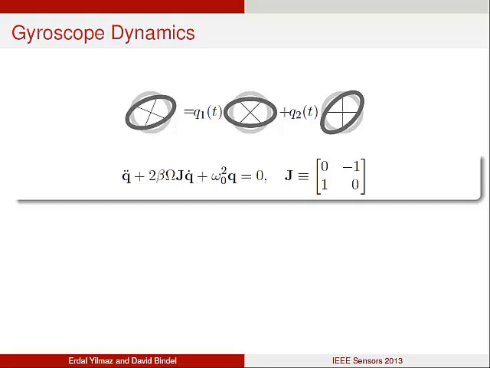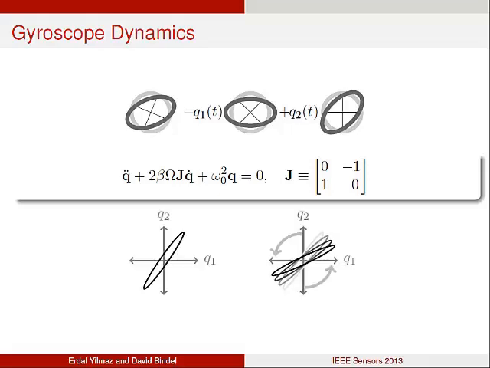Ignoring the middle term, we have two identical harmonic oscillators. When the device is rotating, the gyroscopic term, the middle term, splits the frequencies of these pairs of modes, these twin modes, by a small amount. And as a result, we have some changes in q1 and q2.